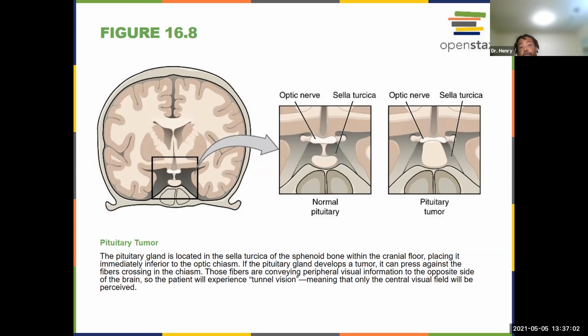It grew so much that it was actually pushing on the optic nerve. When it pushed on the optic nerve, it started causing damage. So that person would have tunnel vision. They lost their field of vision. They were solely focused on what was directly in front of them, and they couldn't really see to the left or to the right, as a direct result of the tumor pushing on that. So by testing it, you can get an idea of whether you may have a tumor developing in certain areas. Right? Okay.